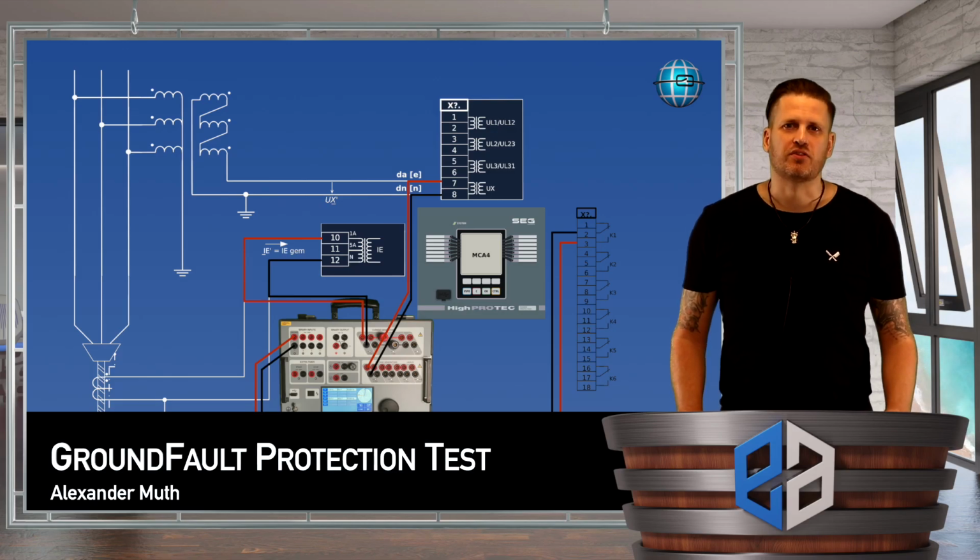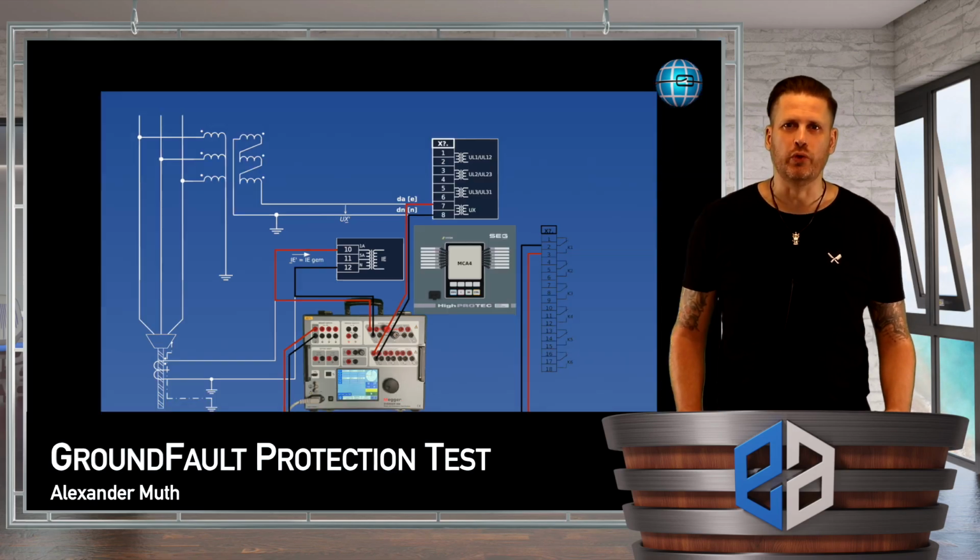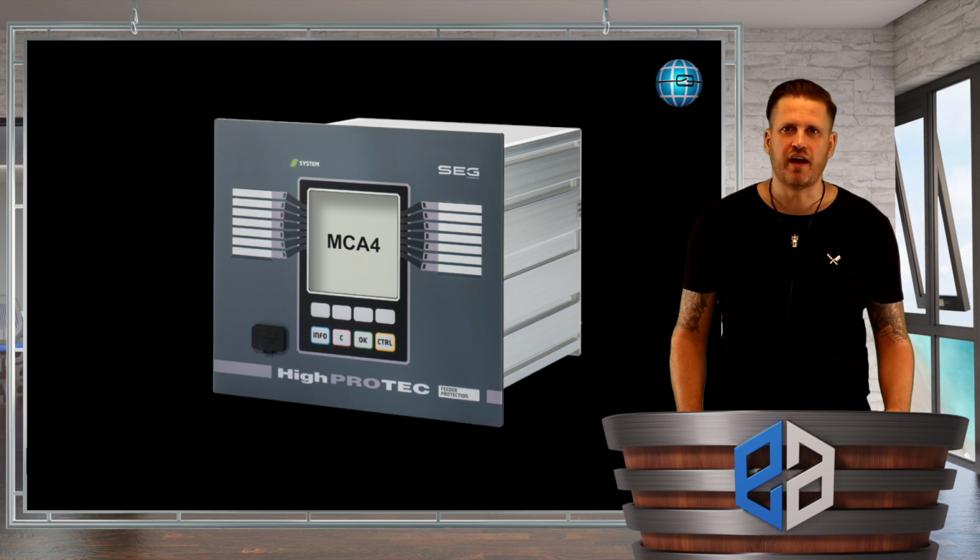Okay, let's start with our protection relay. We have an MCA4 from the German protection relay vendor SEG on the table, which serves as a complete solution for the directive compliant connection of decentralized generation systems, or also excellently for the protection of feeders.